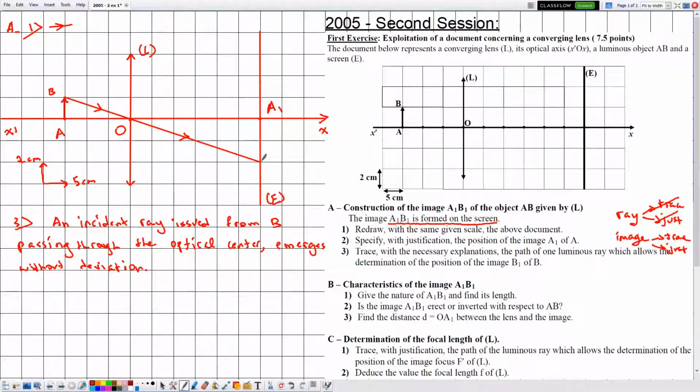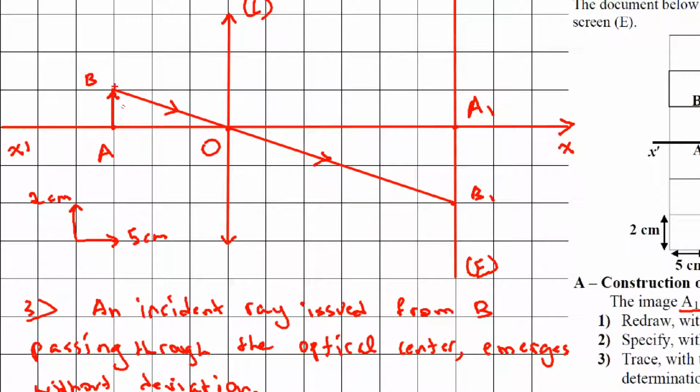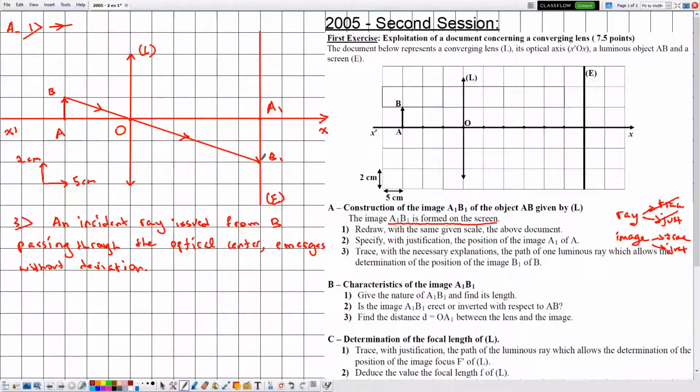Therefore the point B1, which is the image of B, will be the intersection of the emergent ray and the screen. Moreover, a hat is found on B directed away from the optical axis like this. Then we must place a hat on B1 directed away from the optical axis like this. So this is the tracing of the image. Now let's do the justification. What does the point B1 represent?